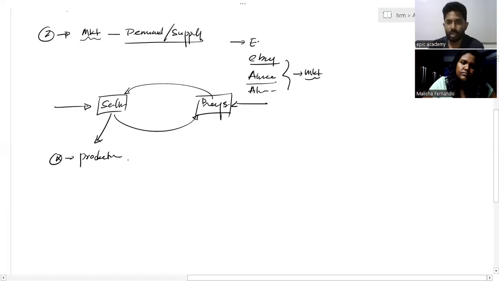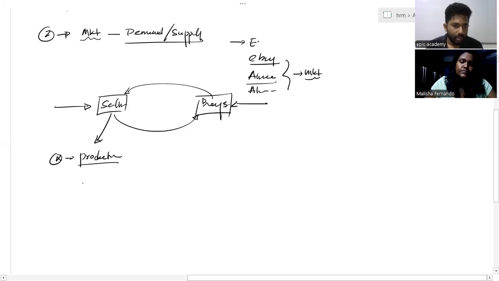Yes, we know that wholesale sellers, retail sellers, producers and transporters are all different. But here, for understanding purposes, we are going to treat them as one. Seller means the producer. He is the only one person producing goods and services, selling and transporting them, retail and wholesale, each and everything done by one person. That's the meaning of seller.